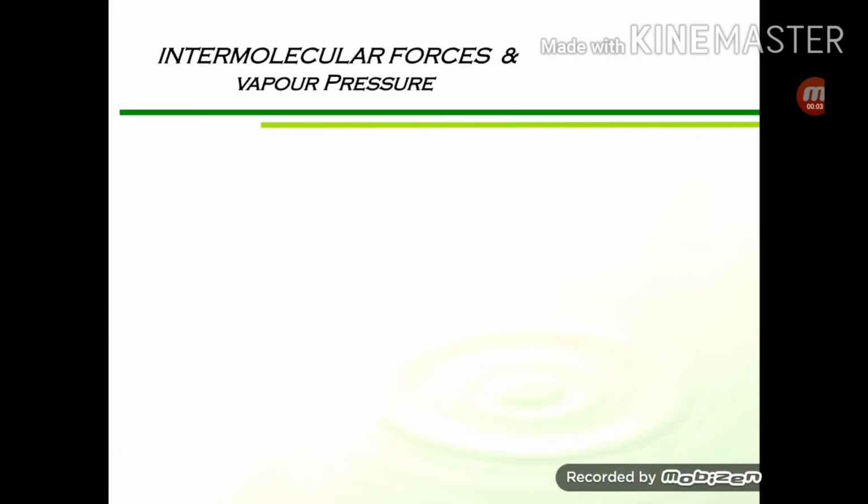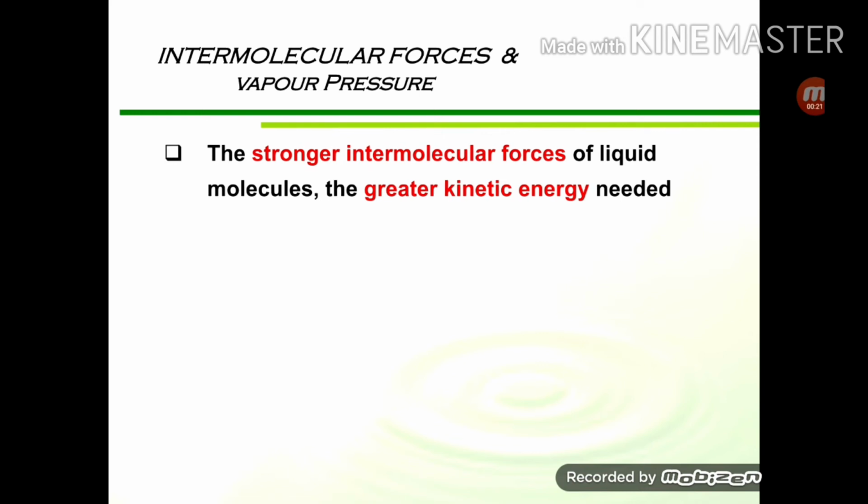Okay, in the previous slide, we already learned about the definition of the vapor pressure and how the pressure is exerted. So now, let's discuss the relation between intermolecular force and vapor pressure. The stronger the intermolecular force of liquid molecules, the greater the kinetic energy needed for the liquid molecule to escape from the liquid surface.